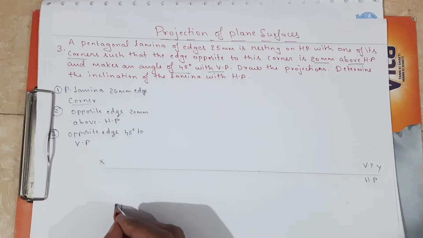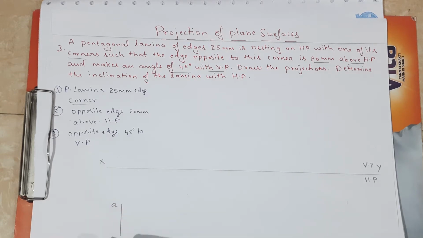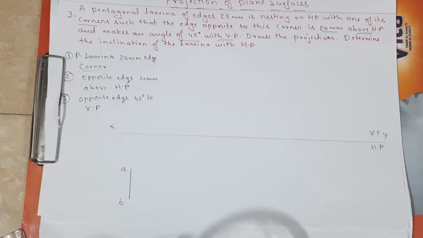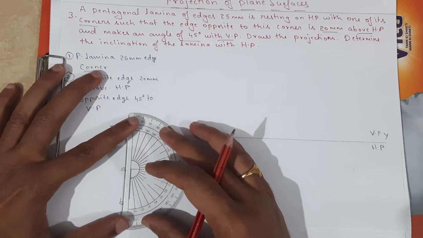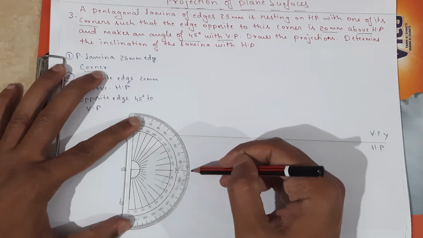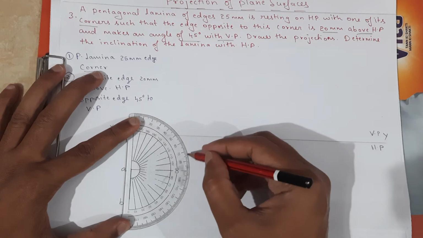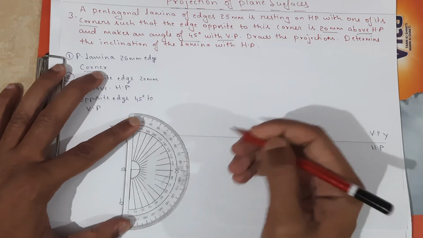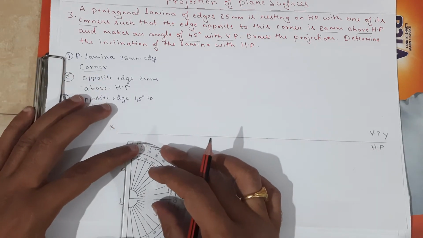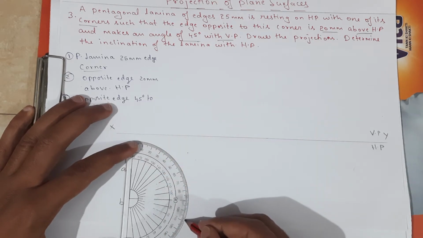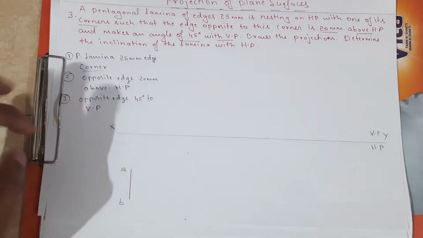I am going to name this A and B. With the help of a protractor, with A as center, I am going to mark 108 degrees. In the same way, from B, I am going to mark 108 degrees.